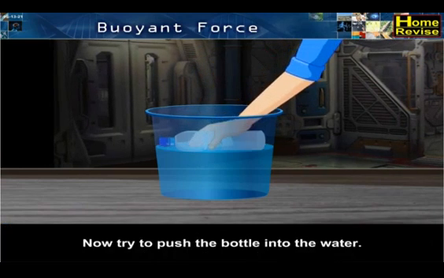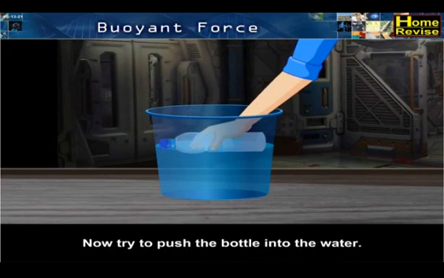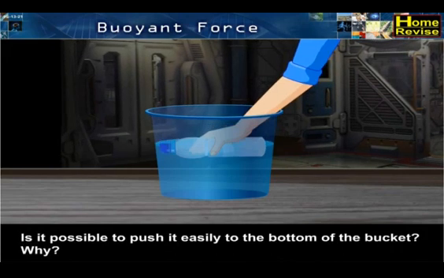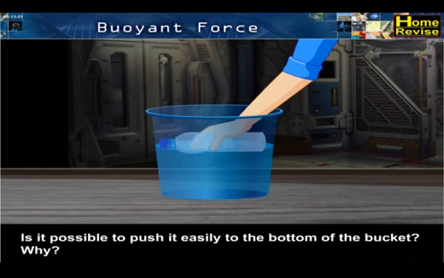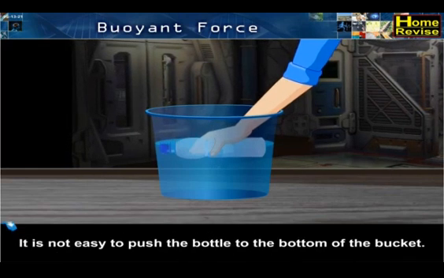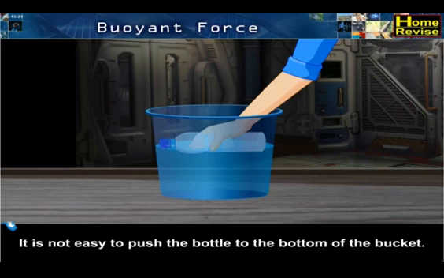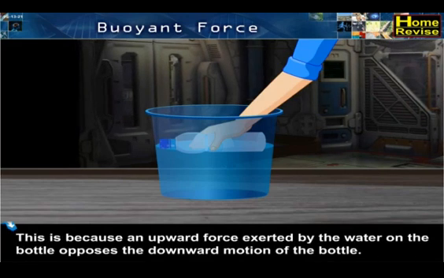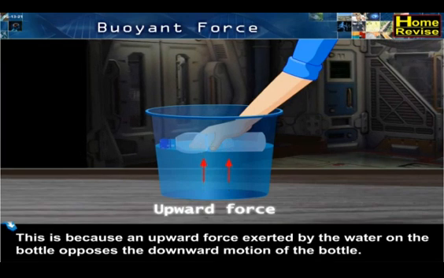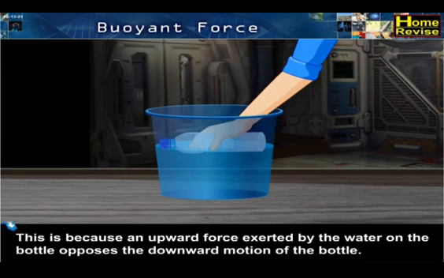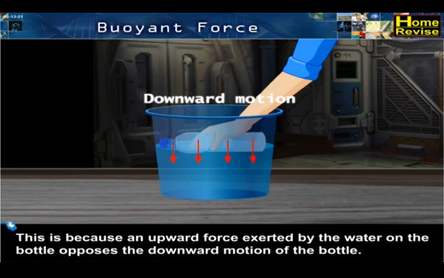Now, try to push the bottle into the water. Is it possible to push it easily to the bottom of the bucket? Why? It is not easy to push the bottle to the bottom of the bucket. This is because an upward force exerted by the water on the bottle opposes the downward motion of the bottle.